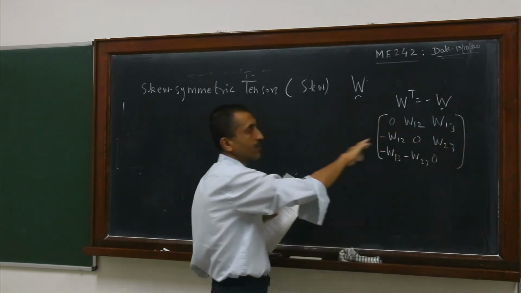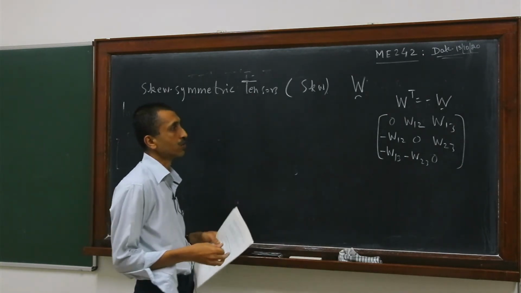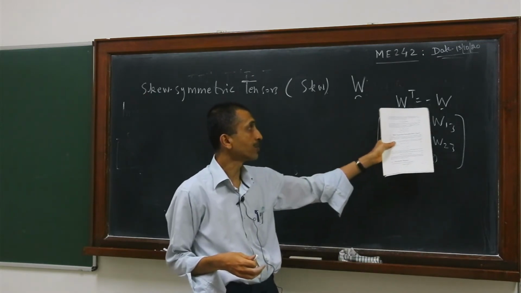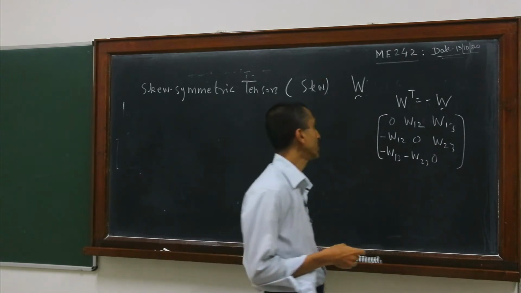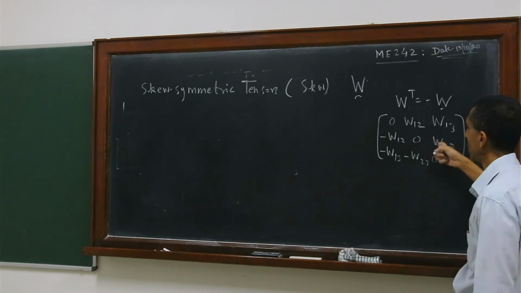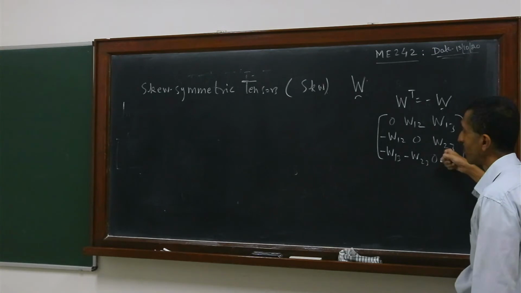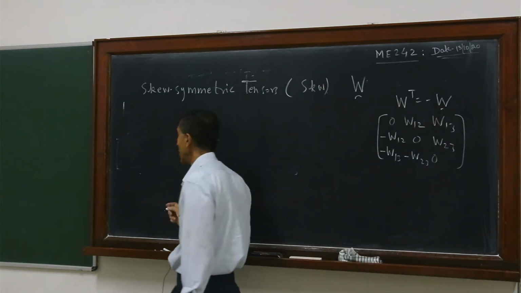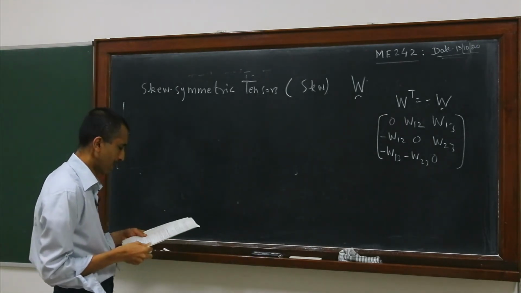If you take the transpose of this, you'll get minus of that, which you can easily see. The diagonal elements have to be 0 because transpose has to be equal to minus W. So there are only 3 independent components. Any skew symmetric tensor written in any basis will have only 3 independent components, and a vector also has 3 independent components. So we can relate a skew symmetric tensor to a vector because of this particular fact.